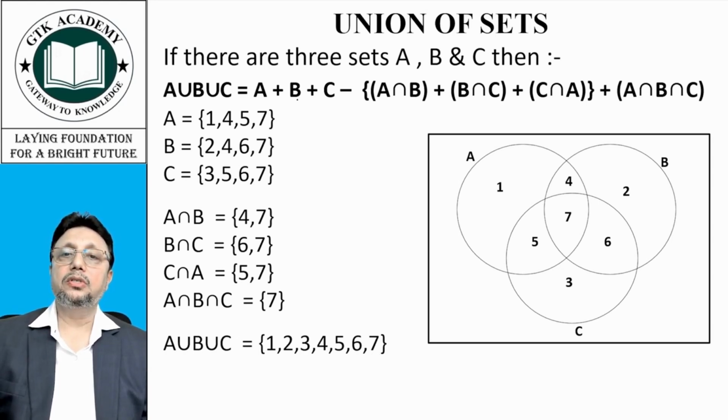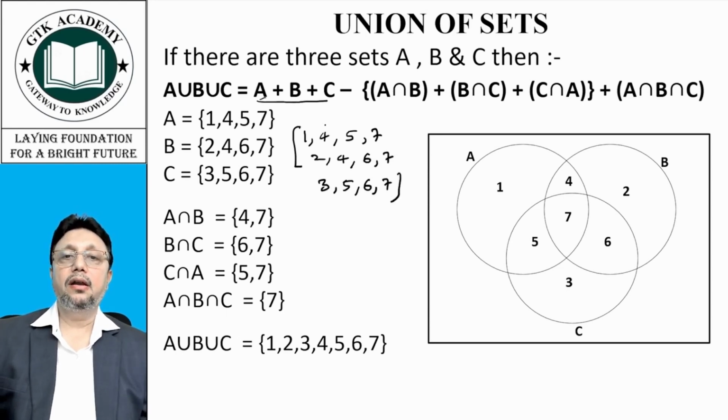So now just add. So what will happen? 1, 4, 5, 7, 2, 4, 6, 7, 3, 5, 6, 7. But here 4 is being repeated, 5 is being repeated, 6. So many are being repeated.